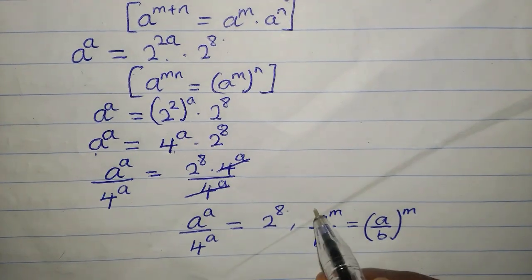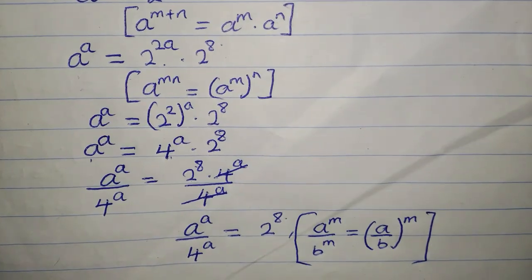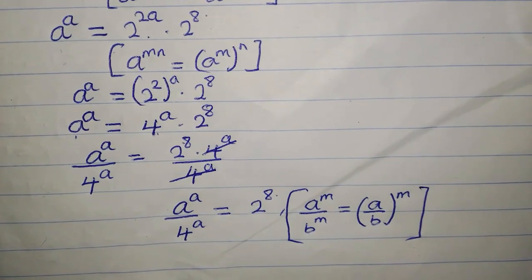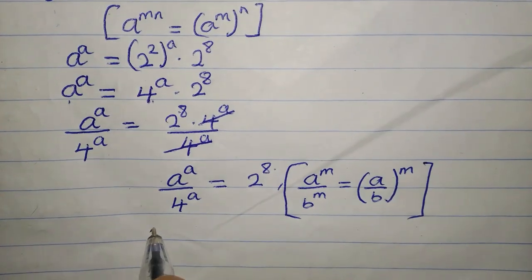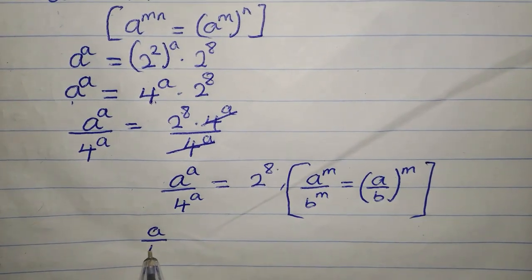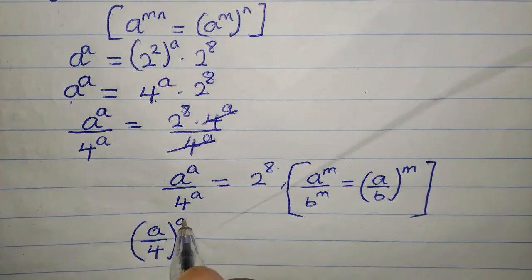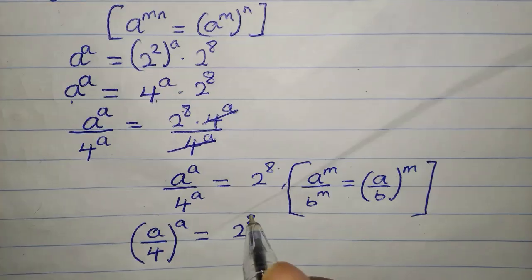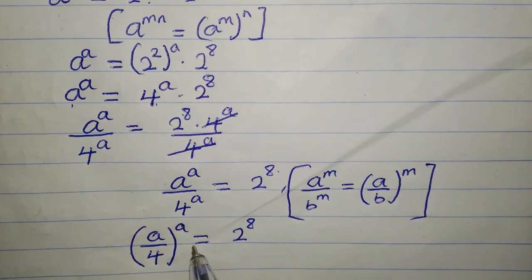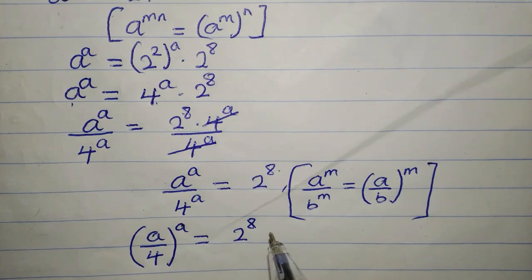If we put this through, at this part we have a divided by 4, all to the power of a, equals 2 to the power of 8.